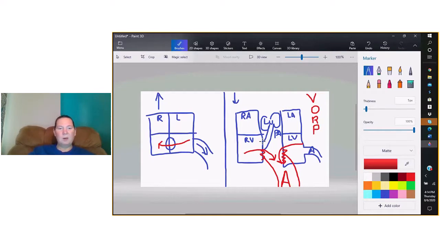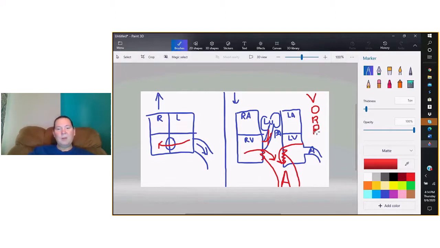Instead of this pulmonary artery being open, it's narrowed, which means that's more pressure that this right ventricle is having to push against to try and get the blood into the lungs. So that further increases blood wanting to go this way because there's less resistance.